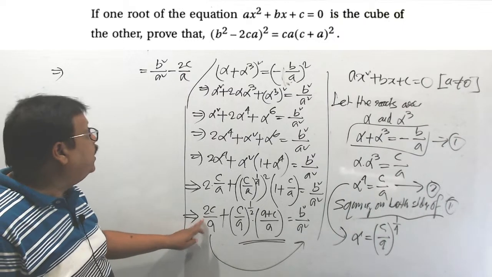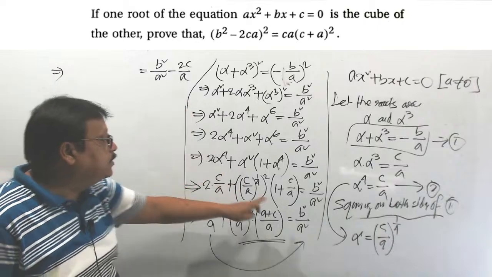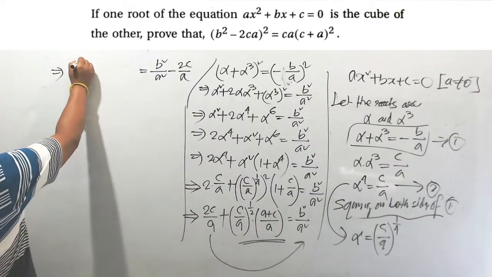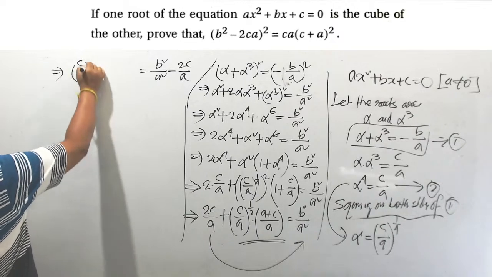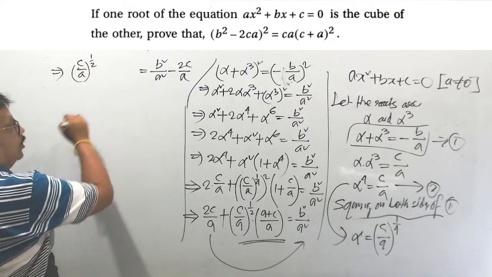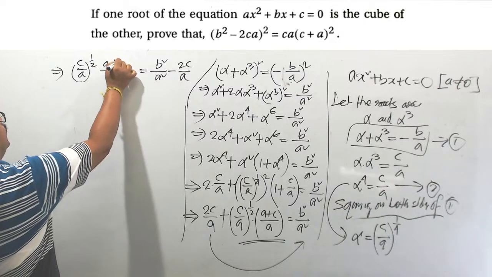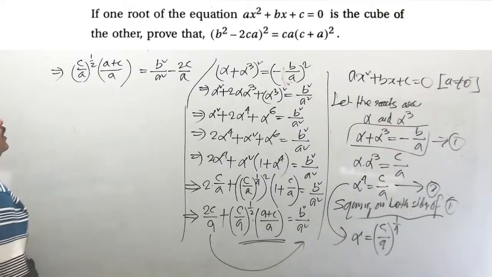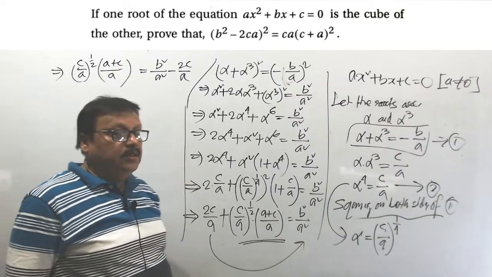I send this part this time to the right, minus b square by a square, and on the left side as it is, that is c by a whole to the power 1 by 2 into (a plus c) by a. Understood? Yes. Now again square on both sides.